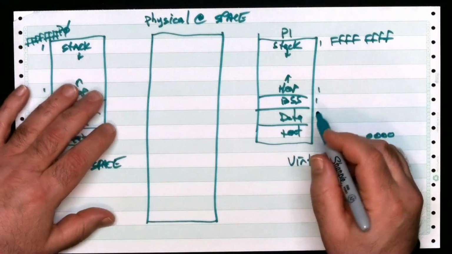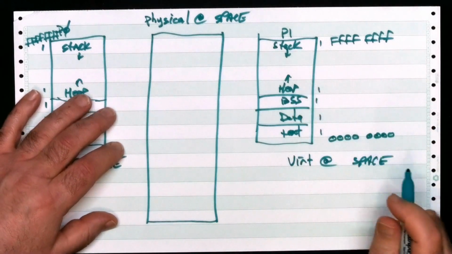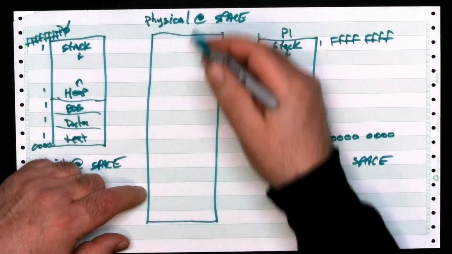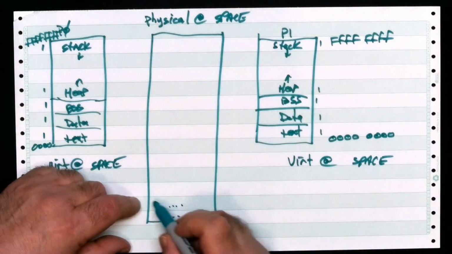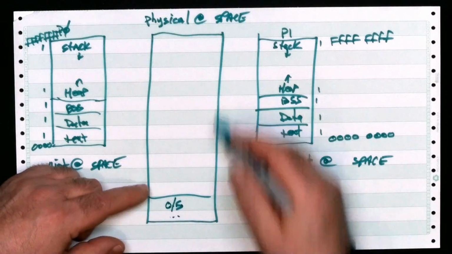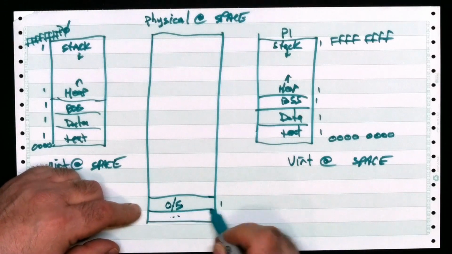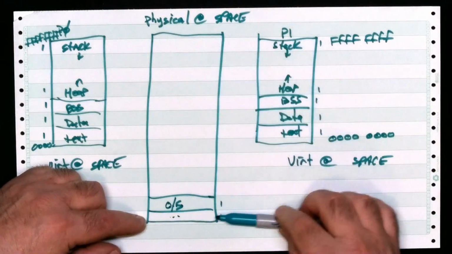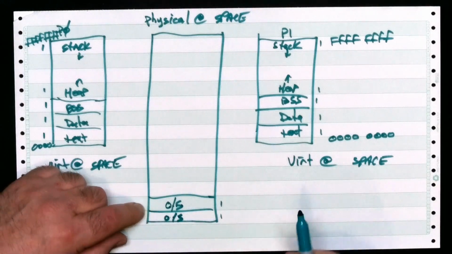Okay? So let's say it needs to read in the text and the data from disk. Where does it go? Well, let's say there's memory that is in use for some reason. The operating system itself might use the lower part of the actual address space. So let's say these 2 pages down here of physical memory are currently in use by the operating system. And that's not unusual, by the way.